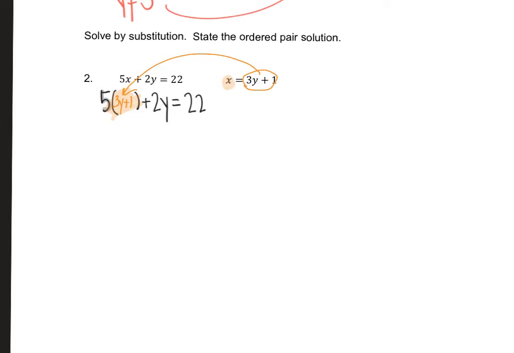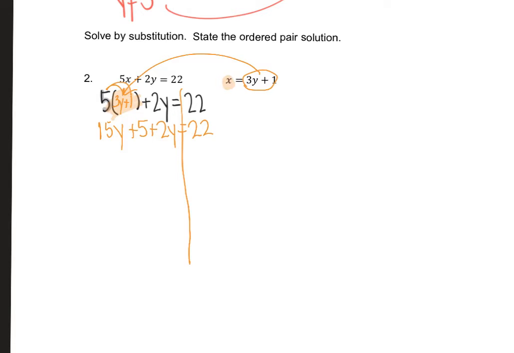Okay? When I go and I look at this, now I've eliminated my x here by substituting the other side of the x in, and now I have all y's. So I'm going to distribute this. I'm going to get 15y plus 5 plus 2y equals 22.